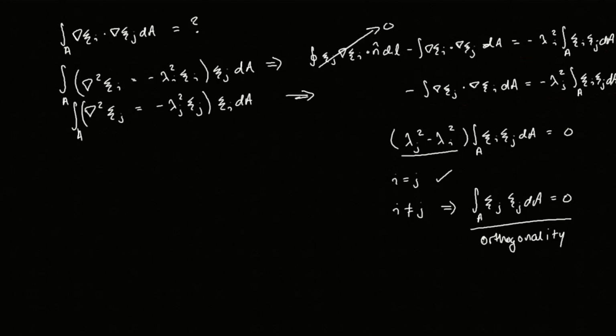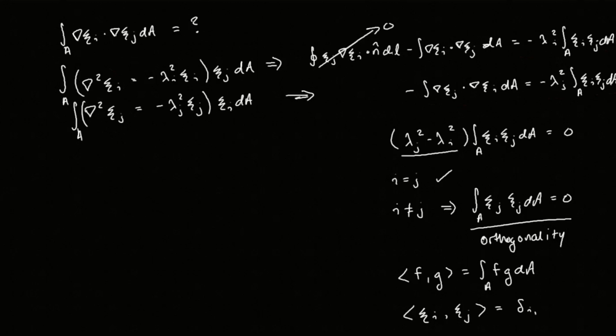We can simplify this a little bit, just notationally. We're going to define what's called the inner product for this space. So if I have two functions, f and g, that's going to be the area integral of f times g dA. That's the inner product. So orthogonality can be restated: the inner product of Ci and Cj is going to be the Kronecker delta.